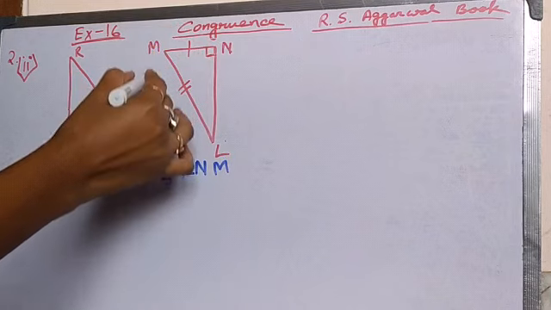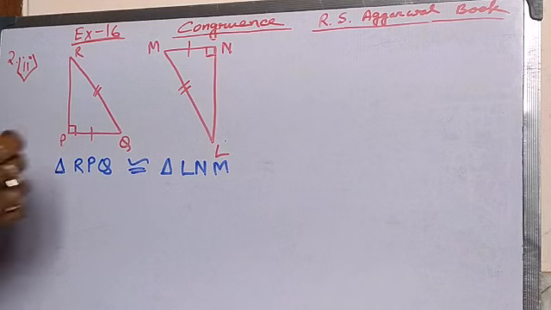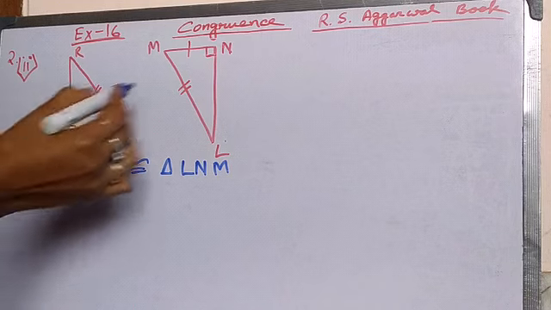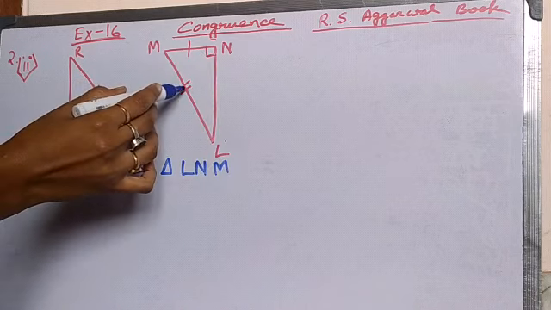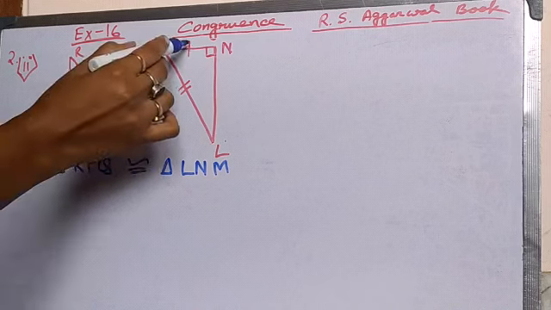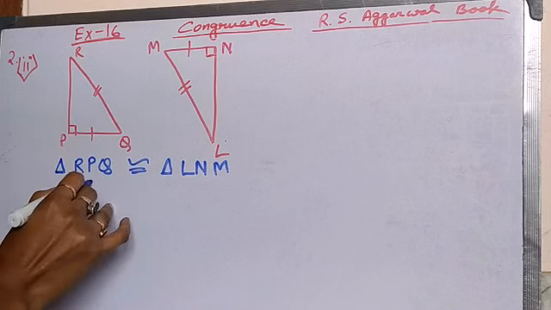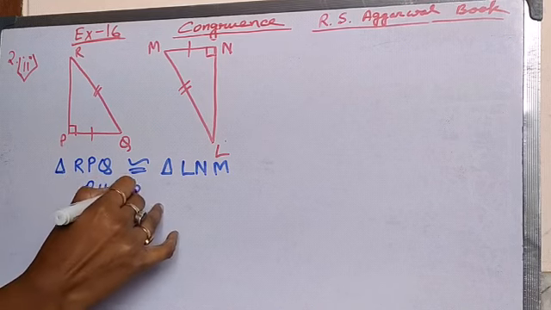So like this I have written the name. And by which property? It is congruence by the RHS property, because this is a 90-degree angle, this is the hypotenuse, and this is any one other side. Here the base is mentioned. So the property is the RHS property.